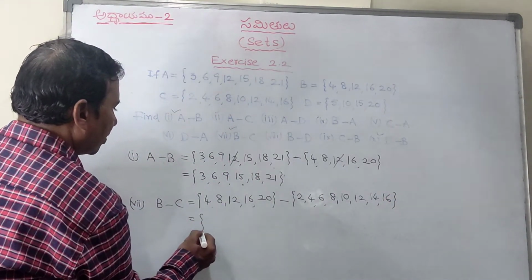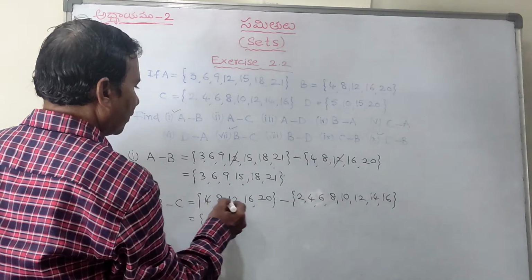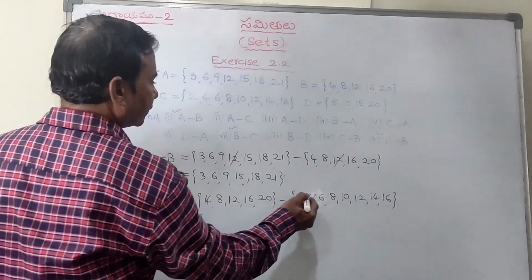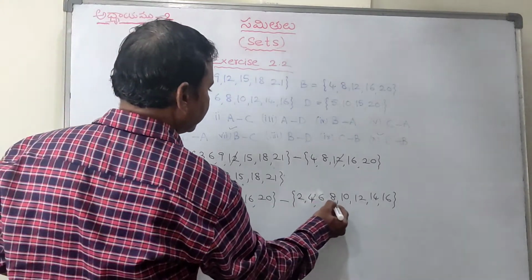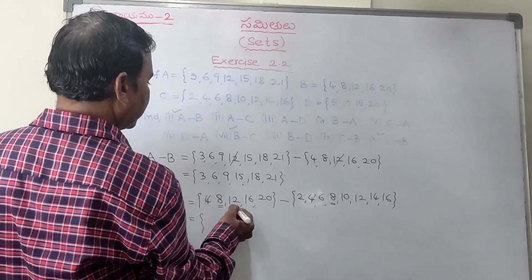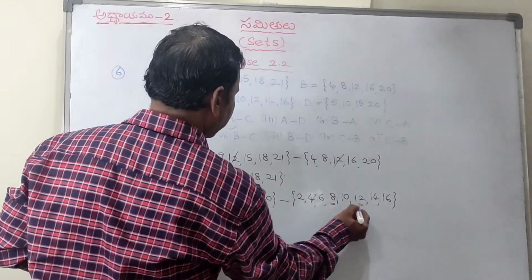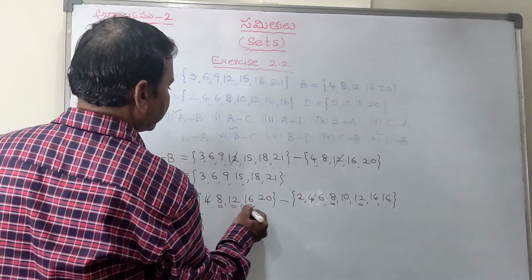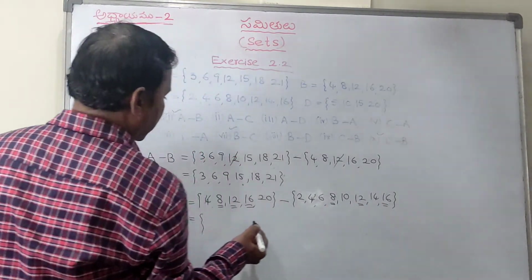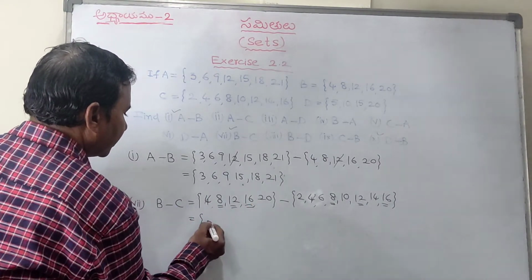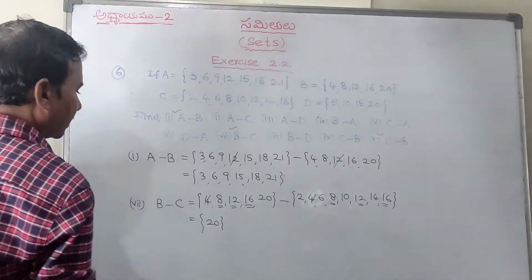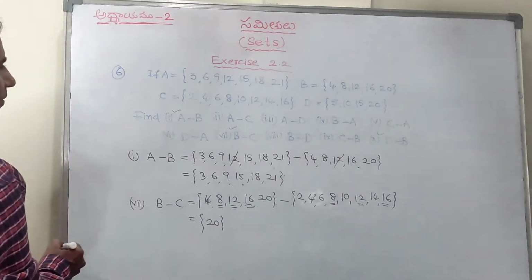Again you see the common elements: 4, then 8, then 12, 16. So the remaining element from the set B is 20. So this will be the answer of the 7th bit.